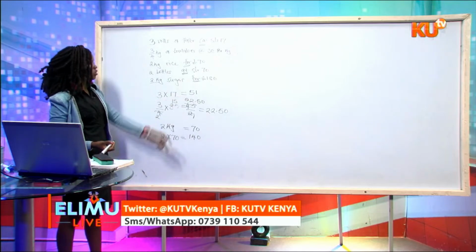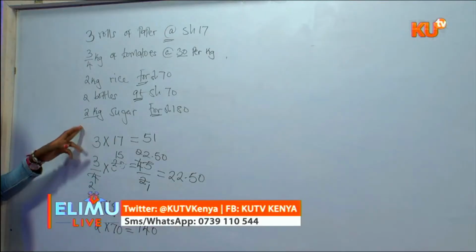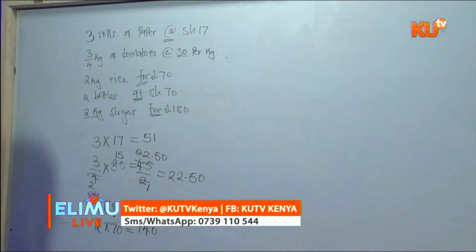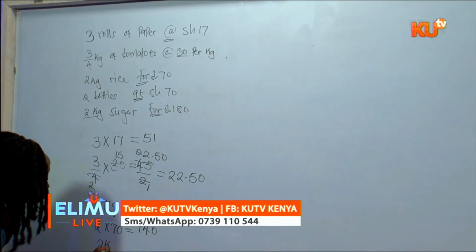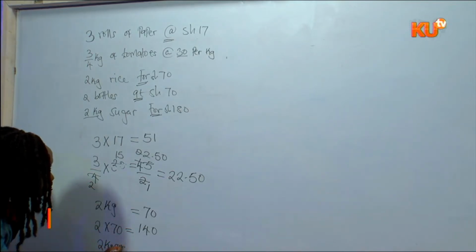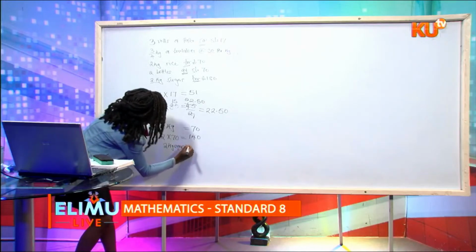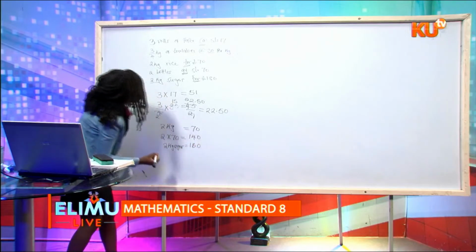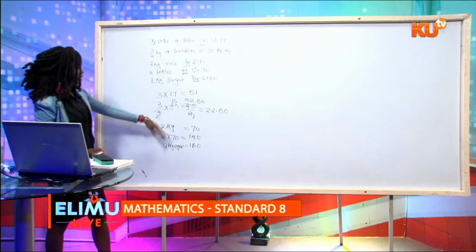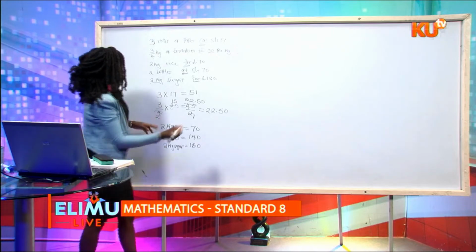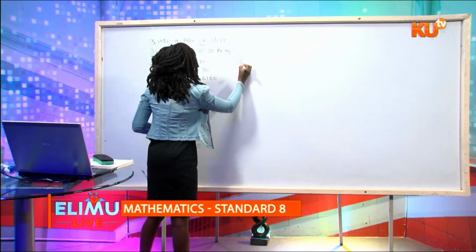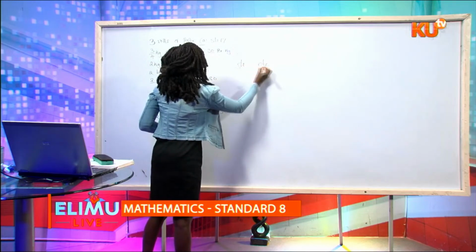For represents the total cost. So the 2 kgs of sugar costed 180. So 2 kgs sugar, 180 shillings. So we add this to get the total. We can use this because we have the cents.